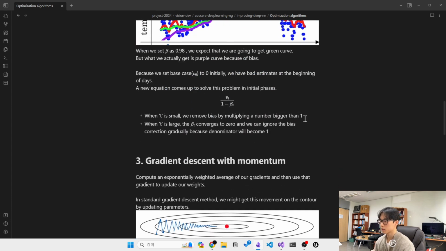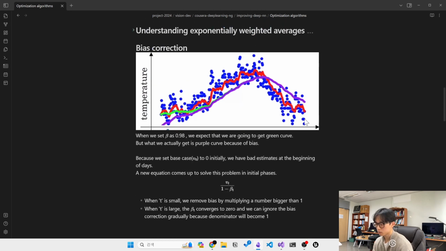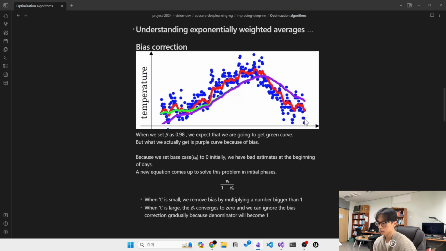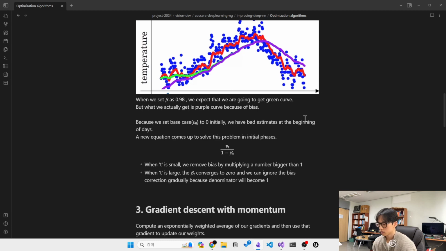Before we move on to another optimization algorithm in gradient descent, there's a concept called bias correction, because we initialize v0, the initial value of vt, as 0, and it makes the values in the initial passes not good compared to the later ones.